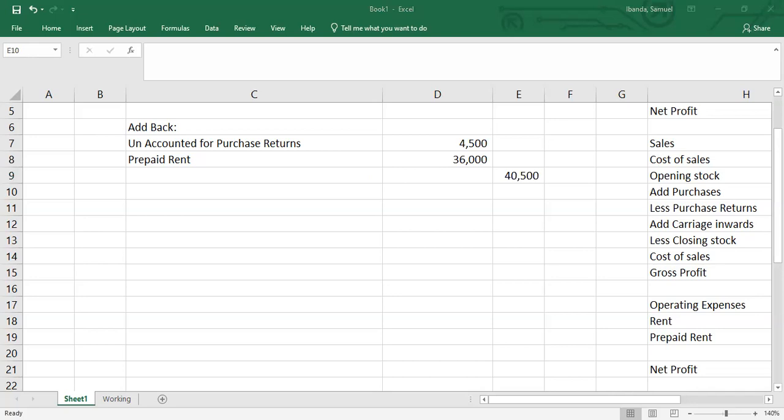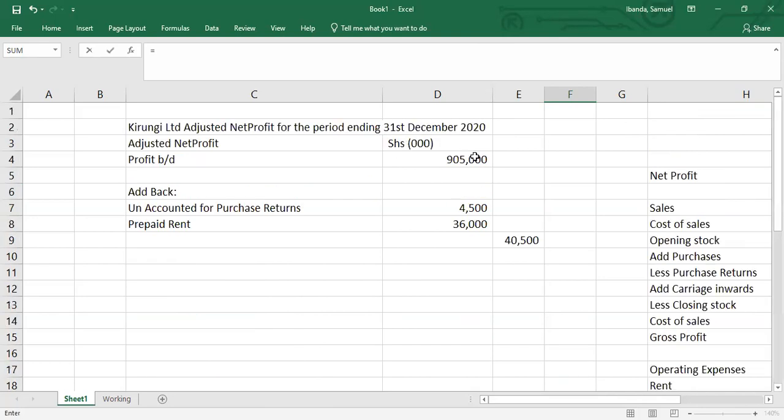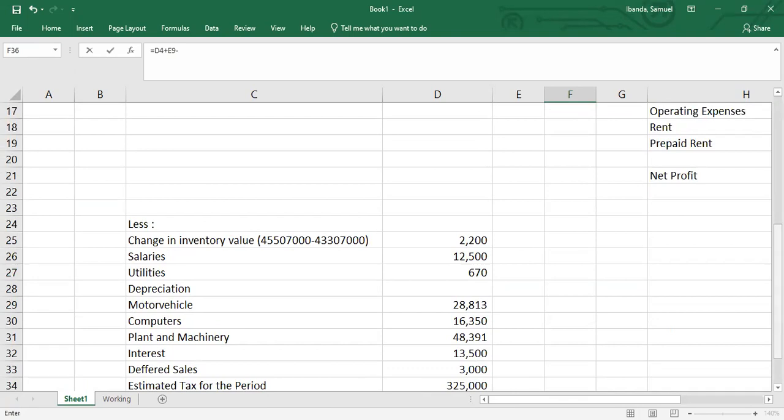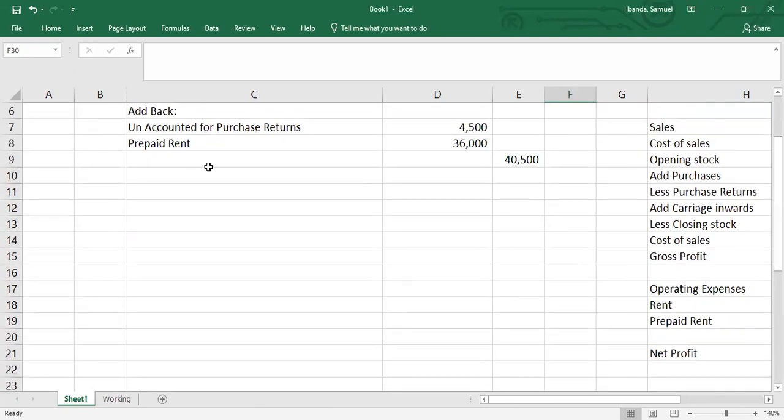That is what I basically do have. So my adjusted profit will definitely be what I started with. Then I'm going to add what I'm adding here. Then I'm going to less the total of what I'm deducting. And it's giving me 495,076.